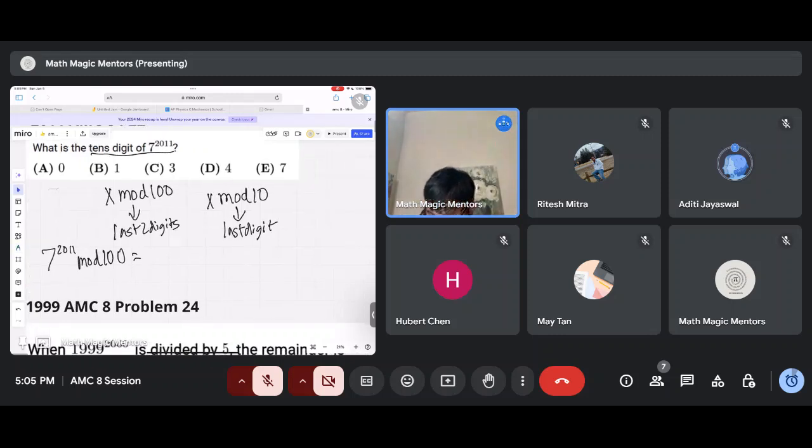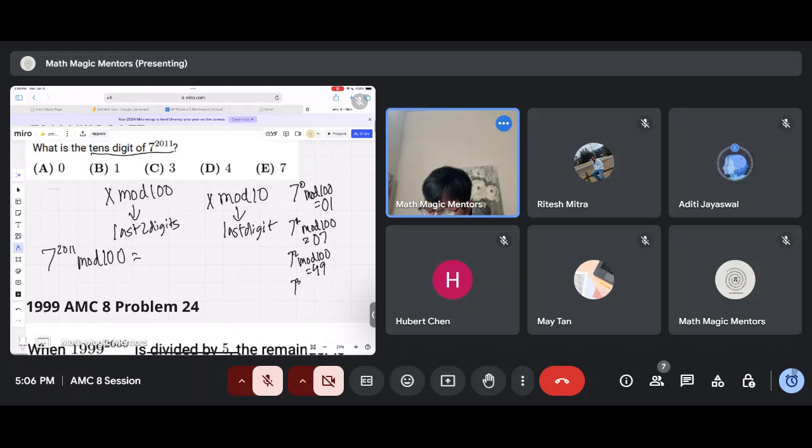So I'll go ahead and find 7 to the 0 mod 100, which is 01, because 7 to the 0 is 1. Then 7 to the 1 mod 100 is 07. 7 squared mod 100 will give us 49.